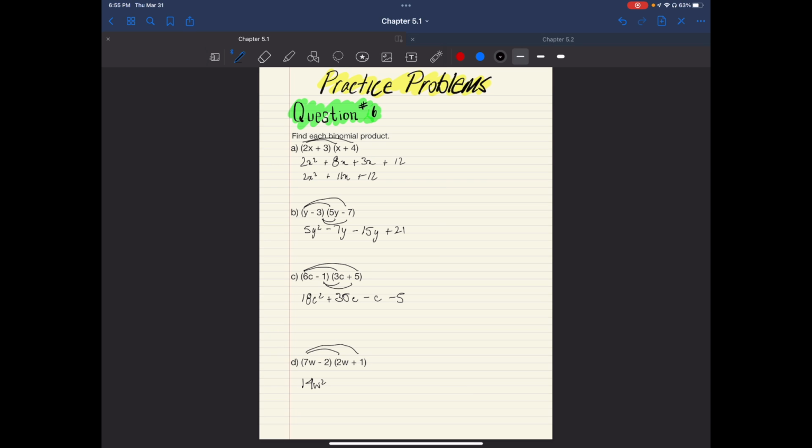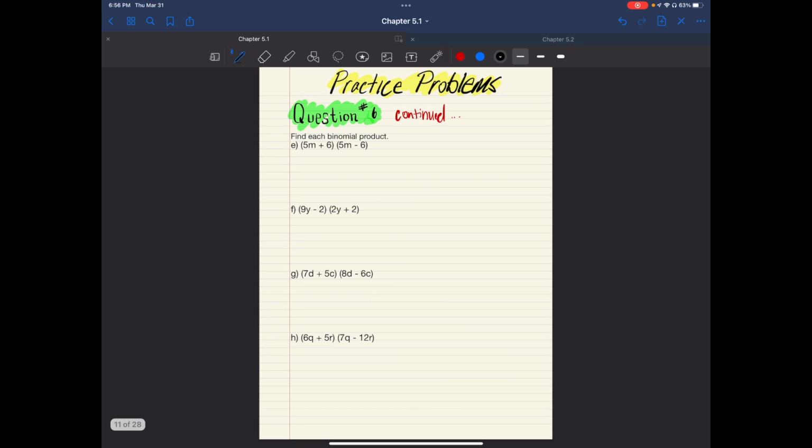14w squared plus 7w minus 4w minus 2. Question 6. So first one, 25m squared.